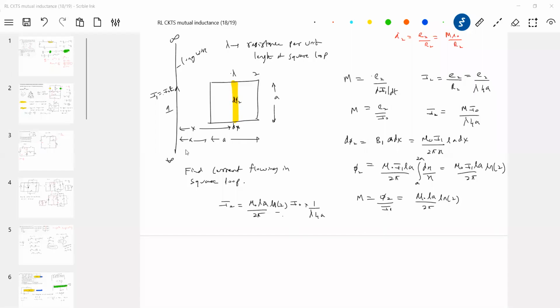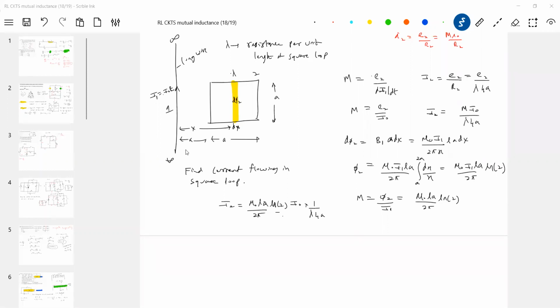We are here, no? Okay, this should be the M. I got it. So now can I calculate the value of I2? Solving this, we'll get the required thing. So here A will get cancelled out. We know lambda, we know I naught. So we'll get the current in the loop here.